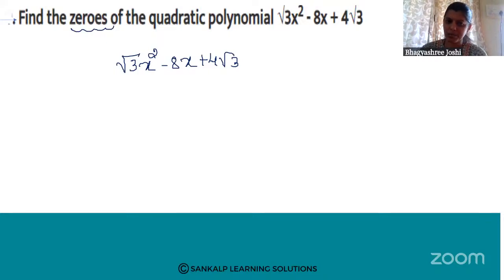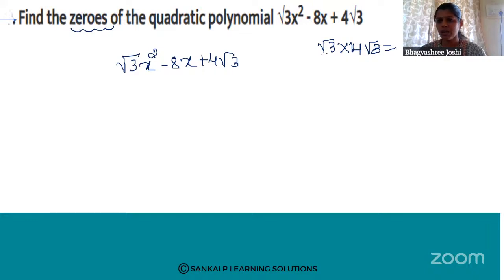In the factorization method, we do a into c. A into c is root 3 into 4 root 3. Root 3 into root 3 is 3, and 4 is there, so that means 4 into 3, that is 12.